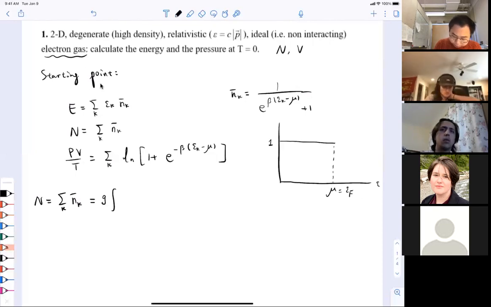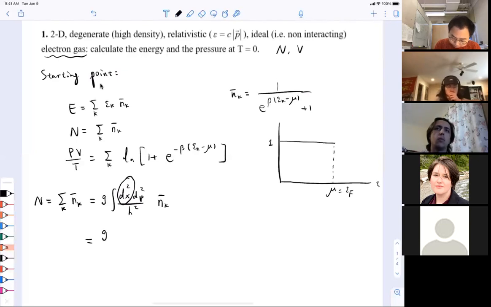G is the degeneracy. Let's put it here, and the dx dp squared. So this integral would give us the volume, or in this case the area of the system.